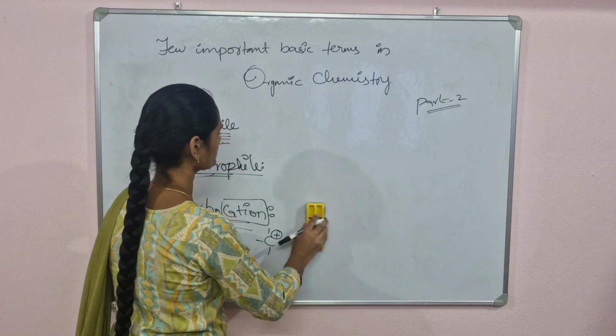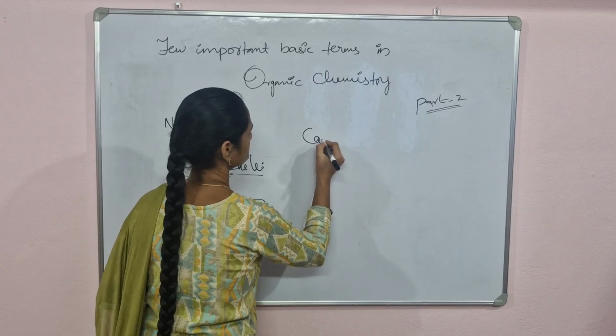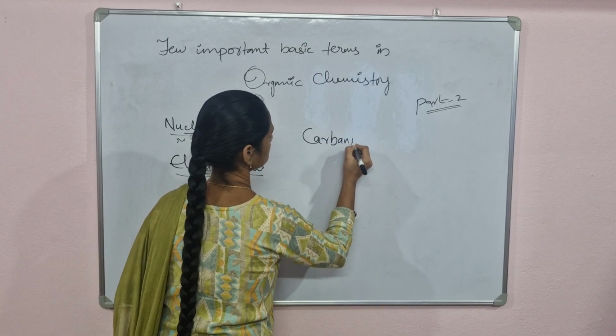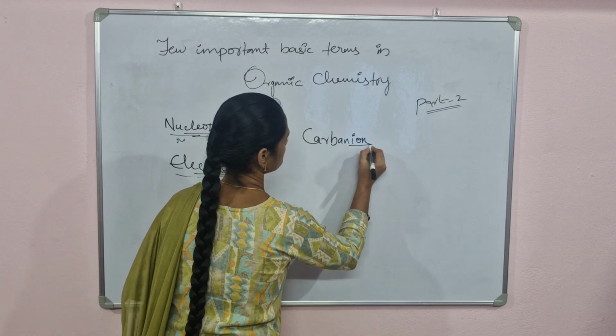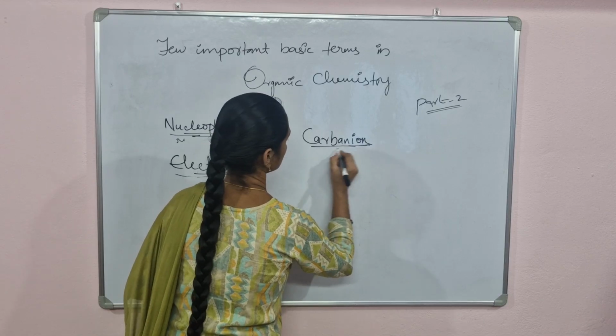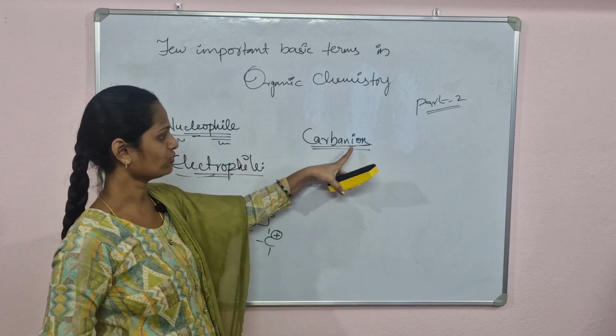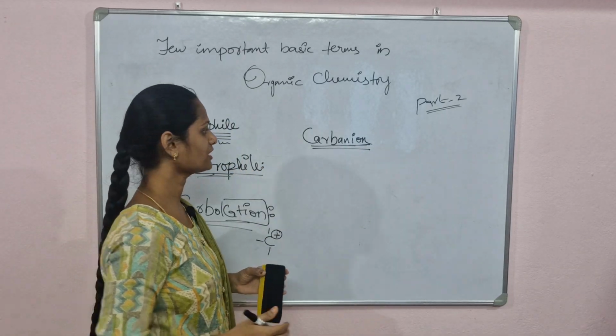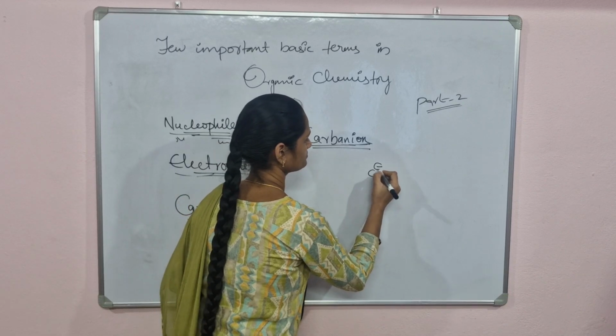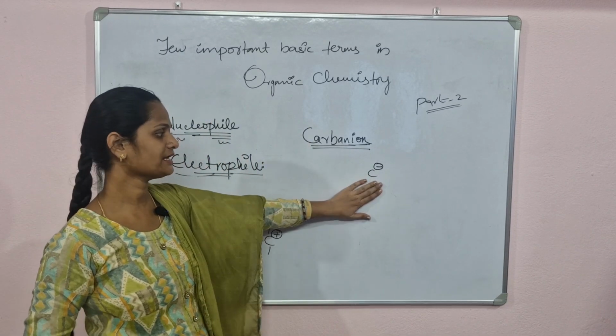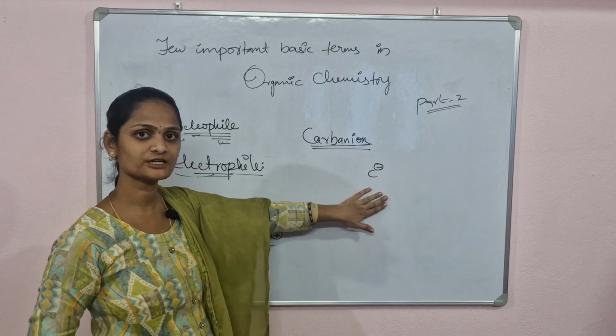Next one is carbanion. See, in the name itself, anion means carbon has a negative charge. Mostly it is unstable.